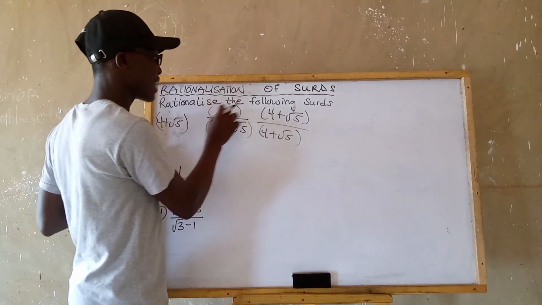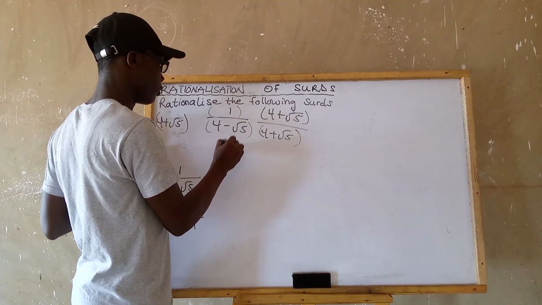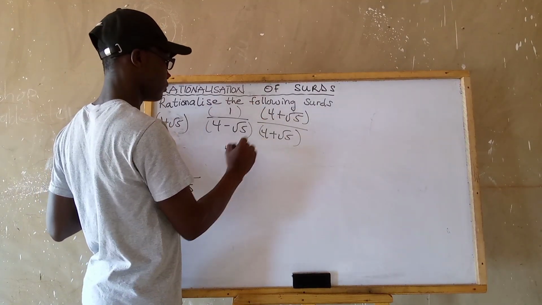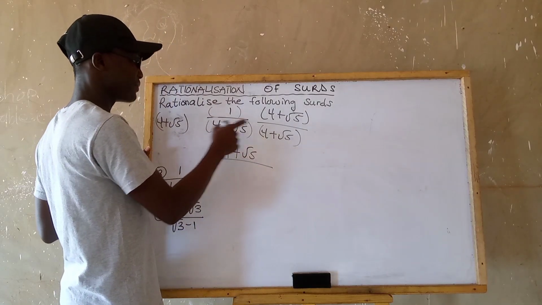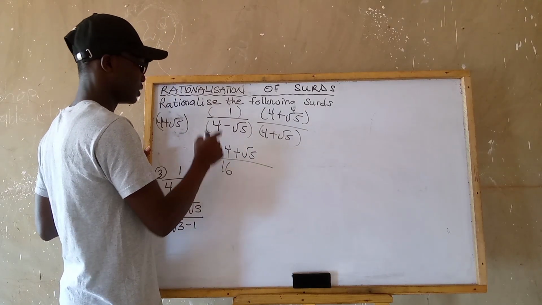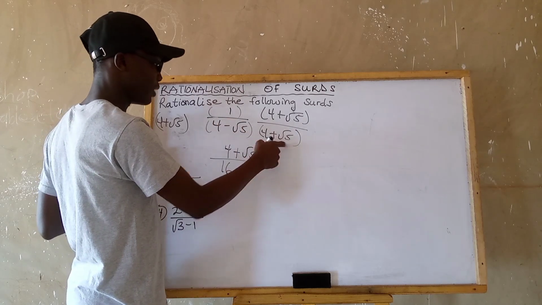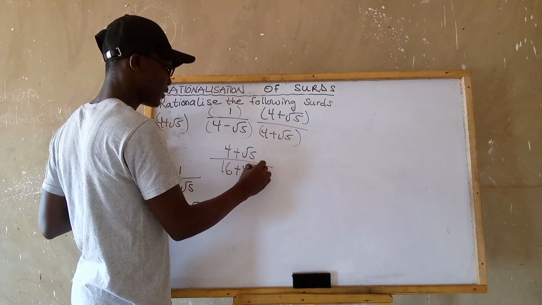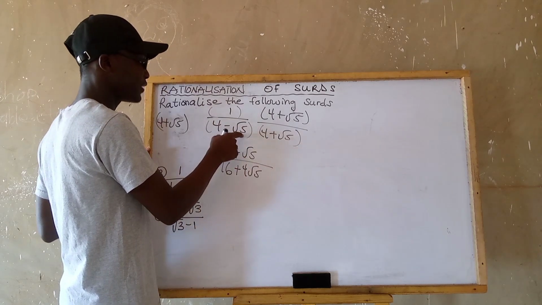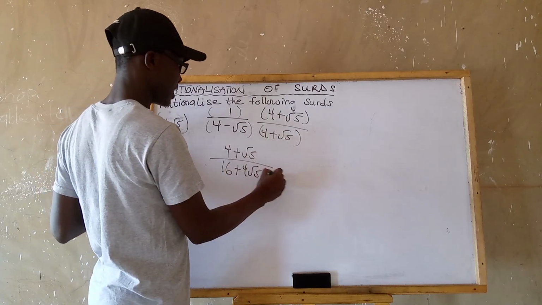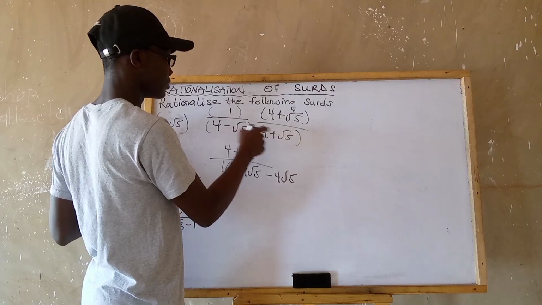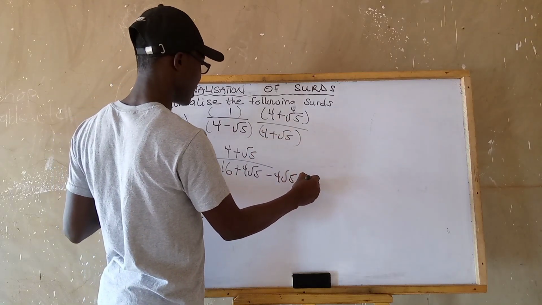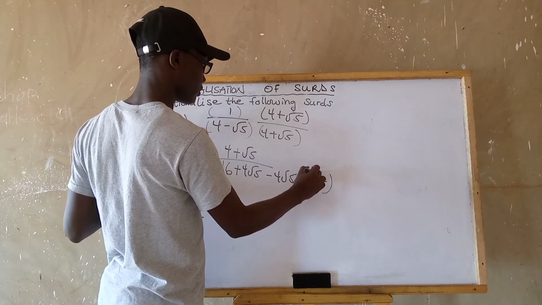You have 1 times 4 gives us 4, 1 times root 5 gives us root 5, then 4 times 4 gives us 16, then 4 times root 5 gives us 4 root 5. Negative root 5 times 4 gives us negative 4 root 5. Negative root 5 times root 5 gives us negative root 5 squared.